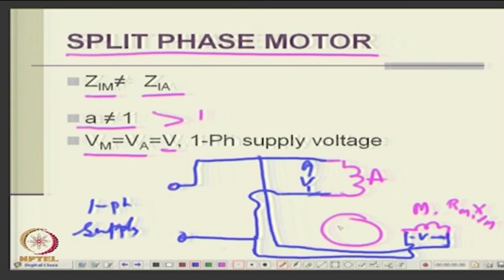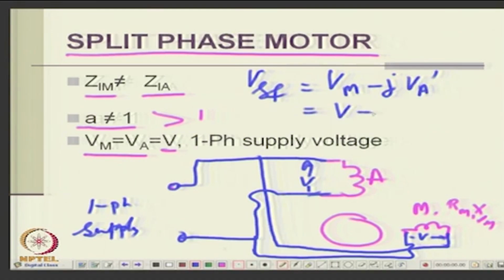So, what is VSF here now? What did we define as VSF? It is Vm minus J Va dash. So, this will be V minus J A times V. So, you know VSF, and similarly you can have VSB as V plus J times, I think it is half of.